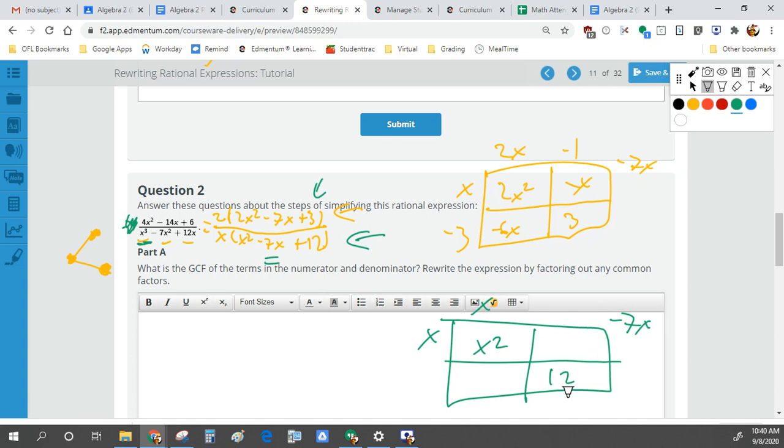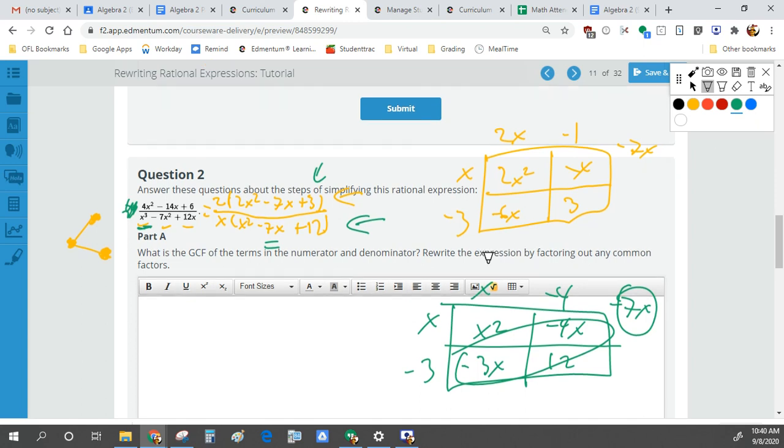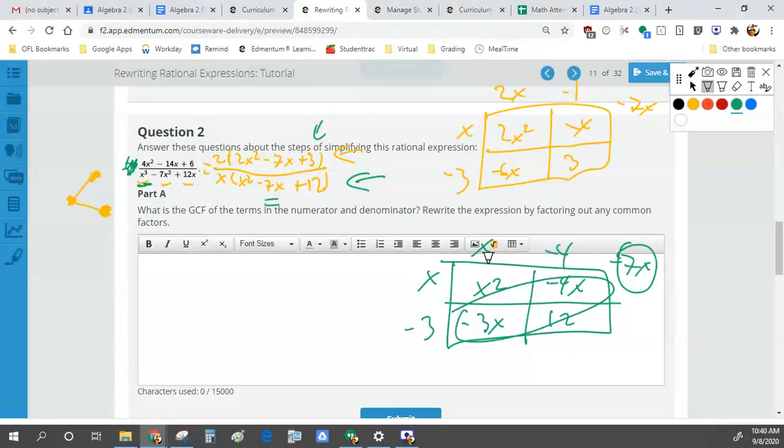So what I'm going to do is -3 and -4. -3 times -4 is 12. So this will give me -3x and -4x, which if I add these two up, I will get this. So it's just lucky I was able to factor out that last one. Thank you for pointing that out.